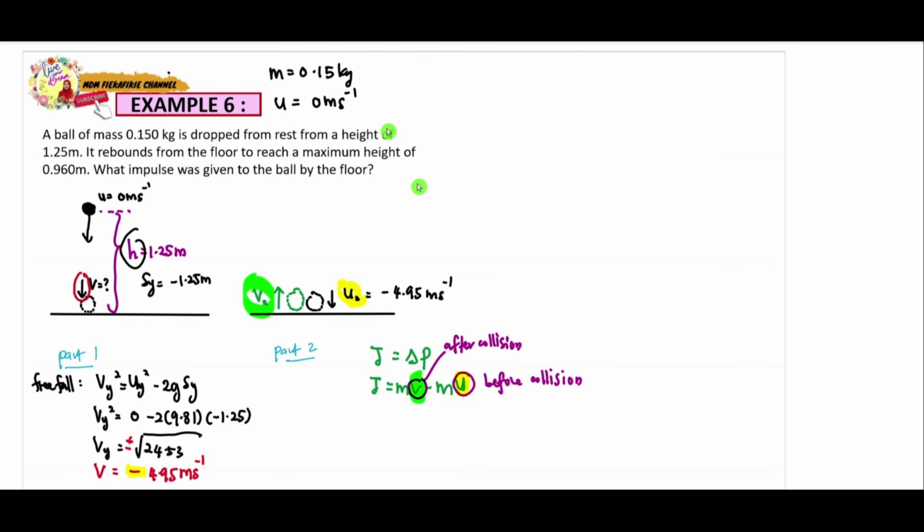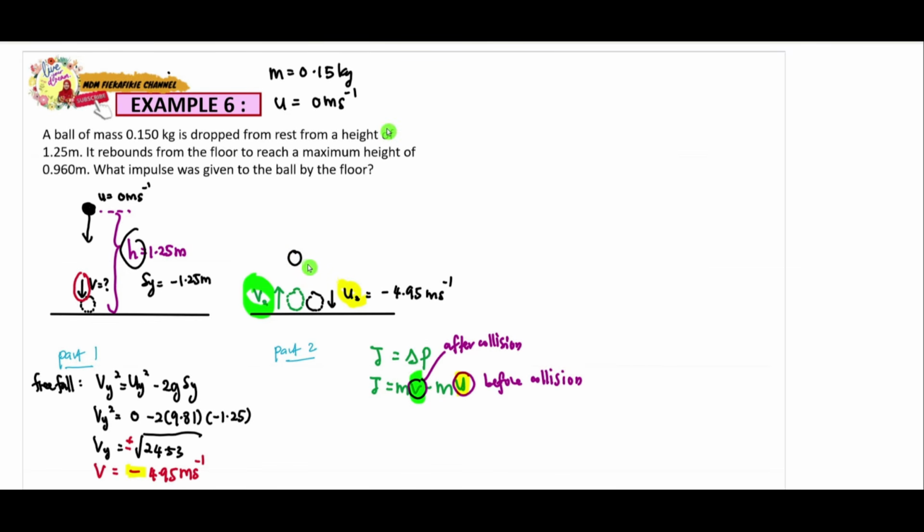Tapi kita tak ada nilai velocity after collision between the floor and the ball. Tapi kita diberi maklumat that after collision, the ball rebounds and reach the maximum height. Okay, so let's say this is the maximum height, equal to 0.96 meter. Kecil sikit lah maximum height tu, contohnya kan sini.